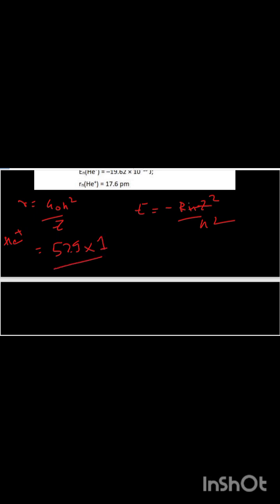For helium, the atomic number Z is 2. So the radius comes out to be 26.45 picometer. So the option in which the radius of helium is 26.45, option 2 cancels out.